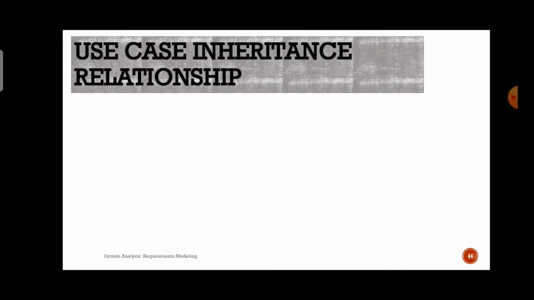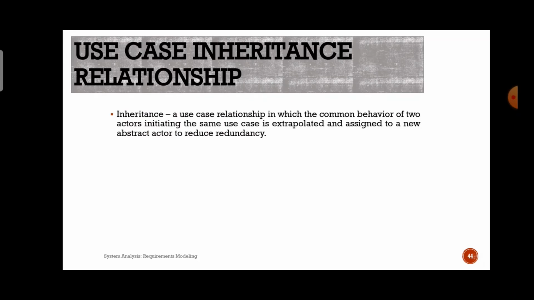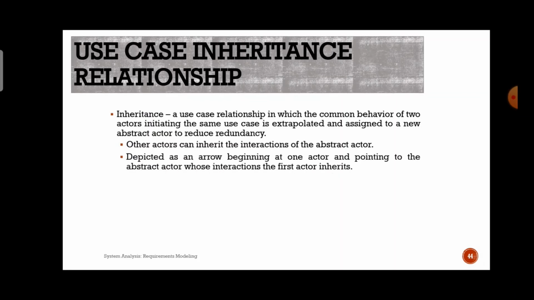Use case inheritance relationship. Inheritance is a use case relationship in which the common behavior of two actors initiating the same use case is extrapolated and assigned to a new abstract actor to reduce redundancy. Other actors can inherit the interaction of the abstract actor. It is depicted as an arrow beginning at one actor and pointing to the abstract actor whose interaction the first actor inherits.